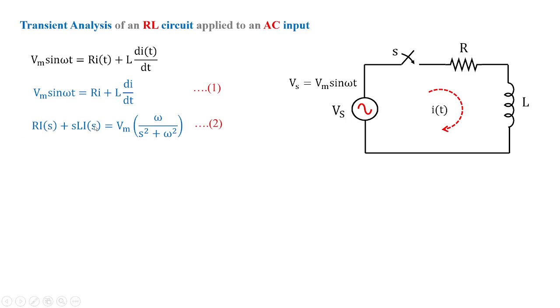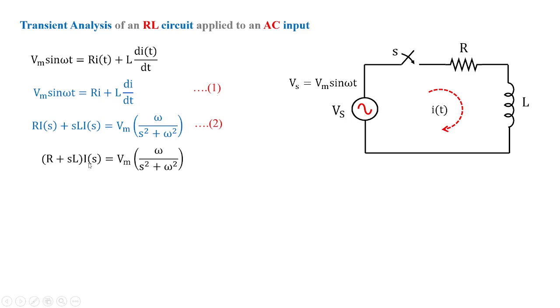For the inductor, you take L, di by dt becomes s, and i becomes I(s), so wherever you have L, it becomes sL. The Laplace value of sin omega t is given by omega by s square plus omega square. This is the important thing to concentrate on while transforming the time domain into the frequency domain. These are the two standard equations under time and frequency domain analysis.